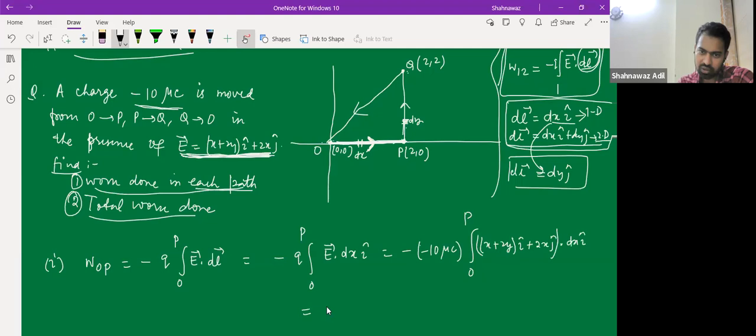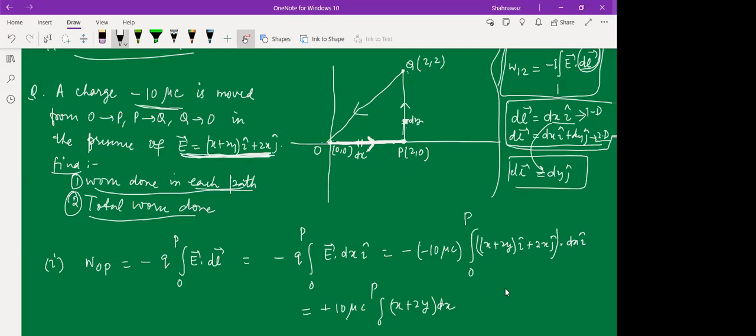So we will get plus 10 microcoulomb, integral from O to P of x plus 2y dot i. So only x plus 2y dx will survive because 2x j dot i would be 0, right? Is that clear?